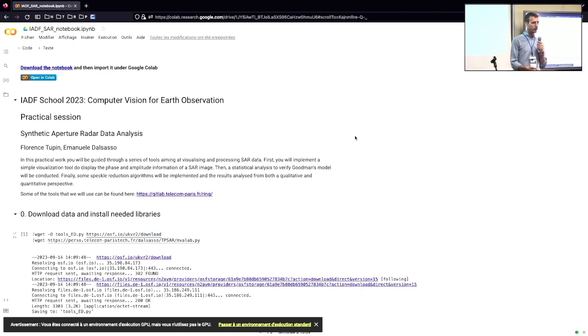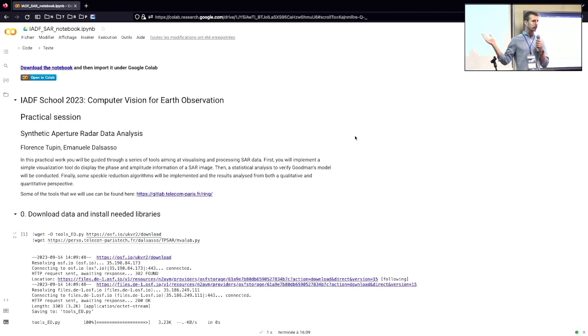And then we will use the last algorithm that was presented by Florence Tupin in the theoretical session, which is the MERLIN algorithm, the self-supervised algorithm that relies on the decomposition of the SAR image into a real part and an imaginary part. We have released a Python package of the trained network. So we're going to install it and then use it to suppress speckle from a SAR image.